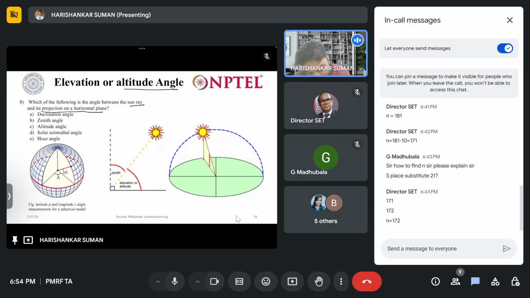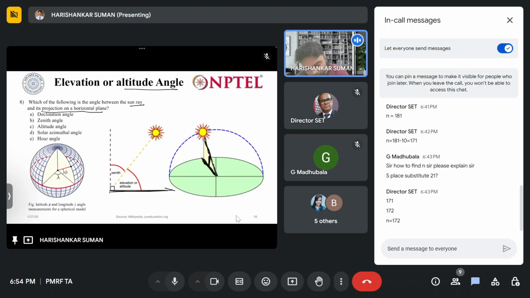You can see here, this is the sun ray and its projection on this horizontal plane on earth. This is the angle. What is this angle? You can see in a simple ray diagram.